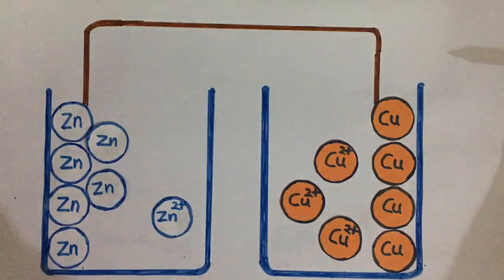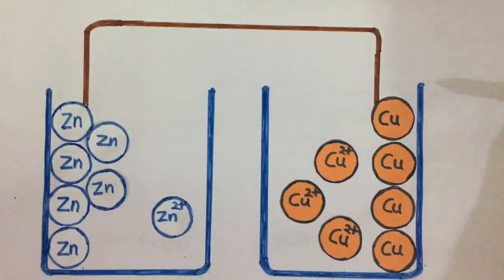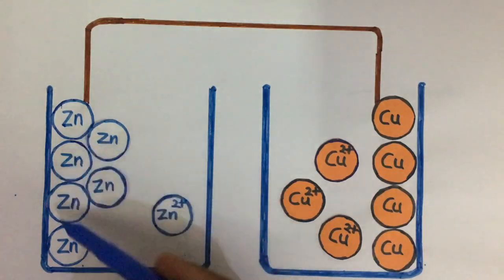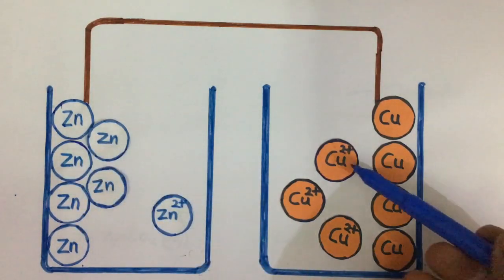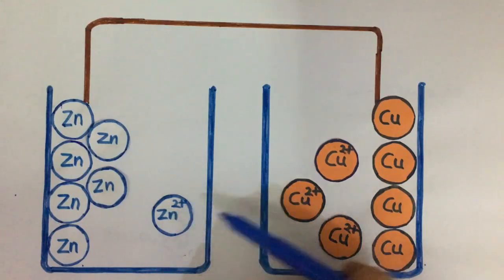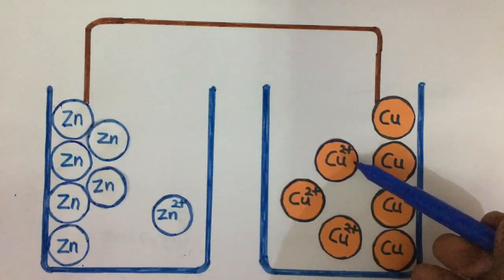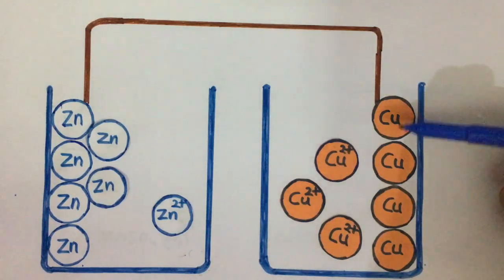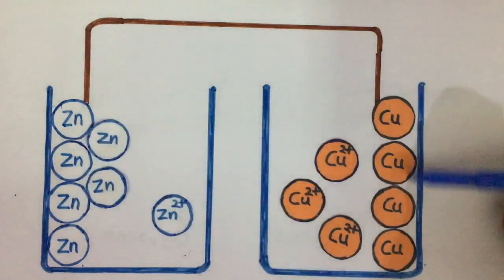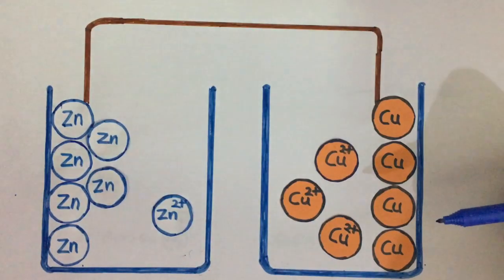So this is the magnification of some part of the galvanic cell. You can see there are some atoms of the metal and also some ions in the solution. The zinc 2 positive ion and copper 2 positive ion are the ions in the solution, and this is part of the electrode, the zinc electrode and the copper electrode.